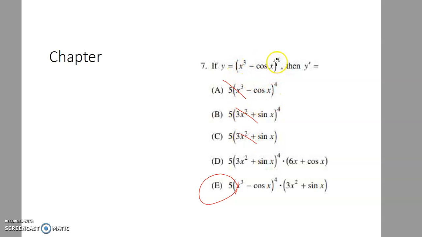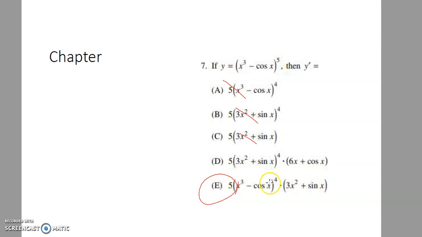Well, we need to have the chain rule piece. What's the chain rule piece? It would be the derivative of the innards out front, right? So we need to have a derivative of that would be 3x squared. What's the derivative of cosine? It is negative sine, but this is already negative, so it should be a plus sign, right? So notice this one has that guy repeated in there, and then what I just said.